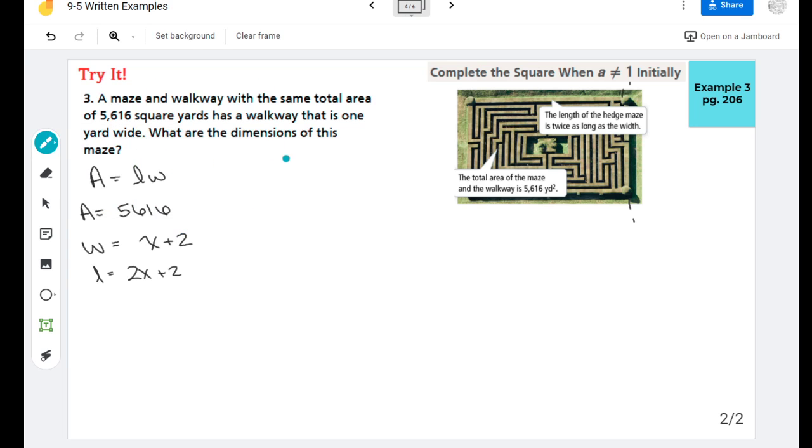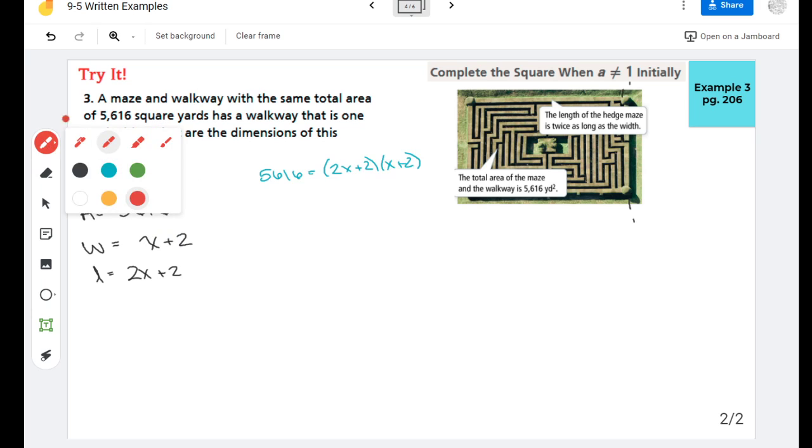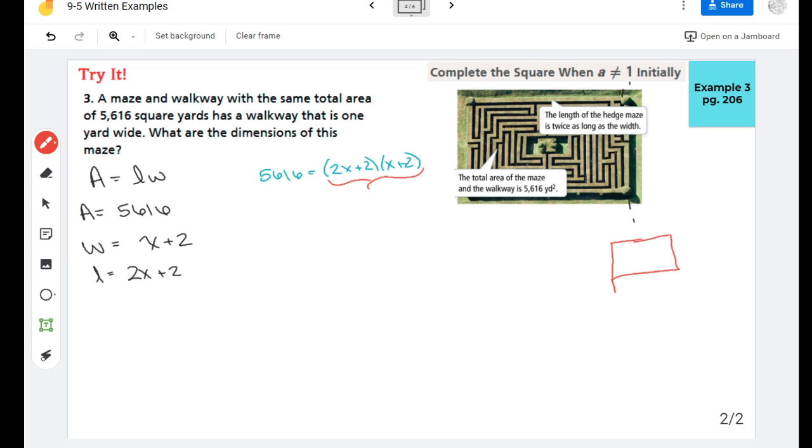So if I'm writing out this expression, I have that the area is equal to the length times the width. All right, so first thing I want to get rid of those parentheses. So I'm going to take those to the side and use the box method, don't judge me how I drew that box, to actually do that distribution.